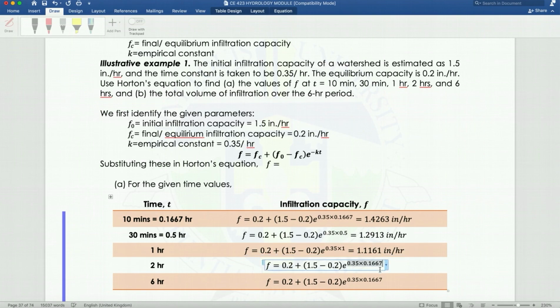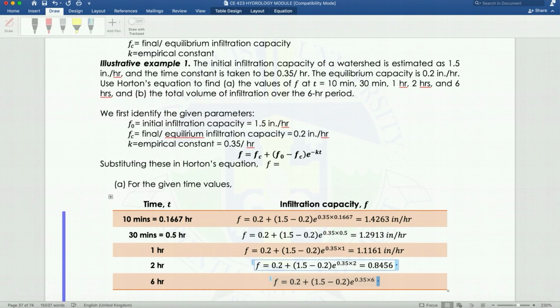Next, the time here is 2. Let's change that to hours. And then dito rin, palitan natin. So this is 6. So yung infiltration rate natin dito is equivalent to 0.8456.